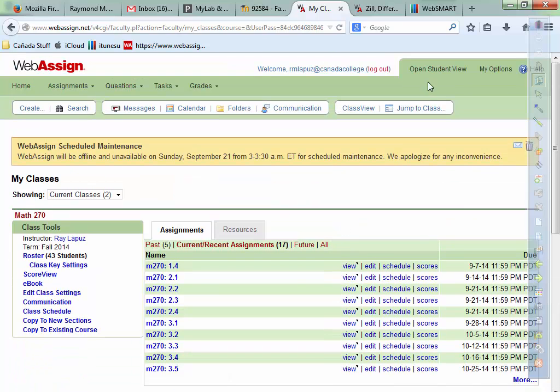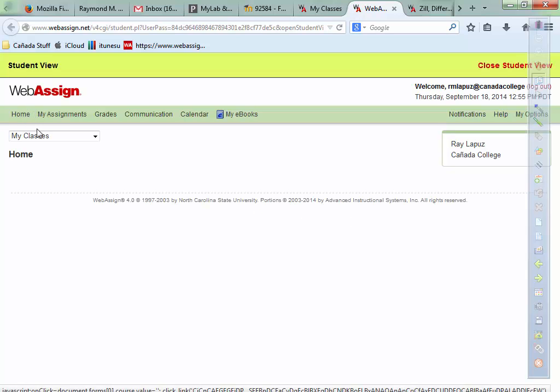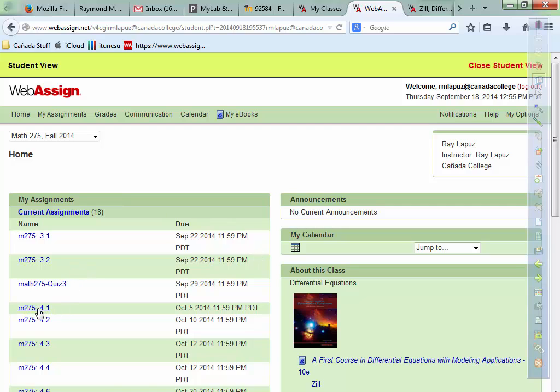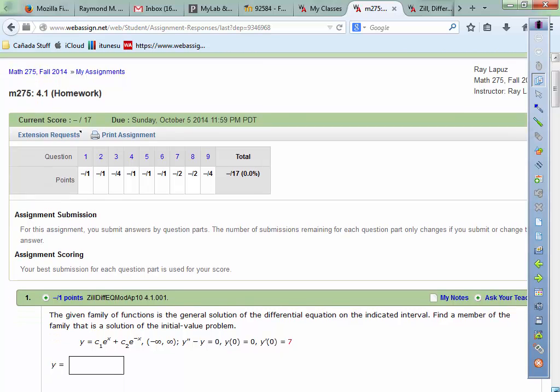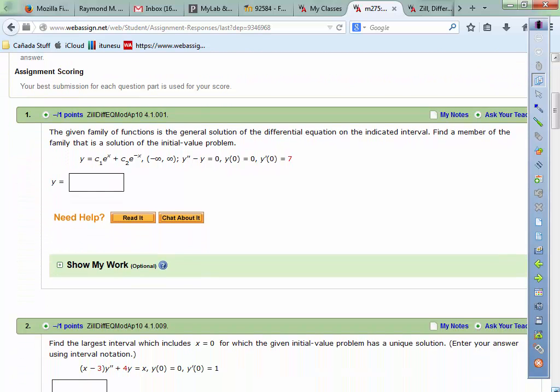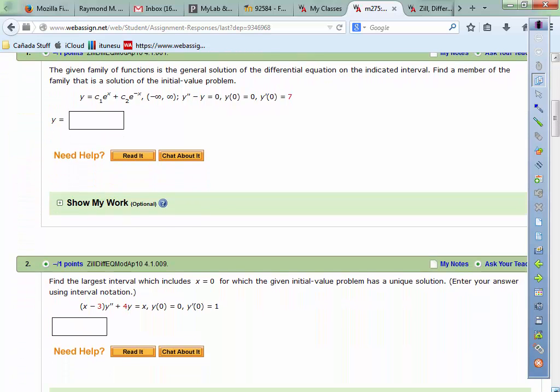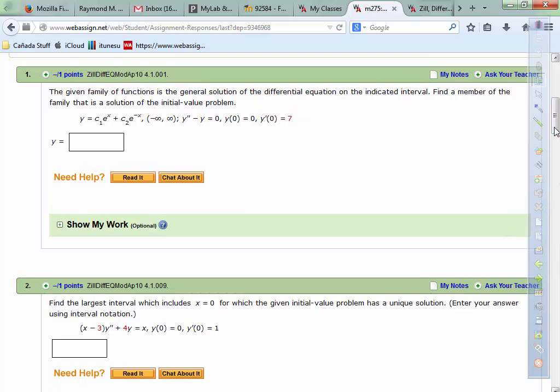Oh, I should do the student view. So we could take a look at the first two problems. The first problem you guys should be able to do.